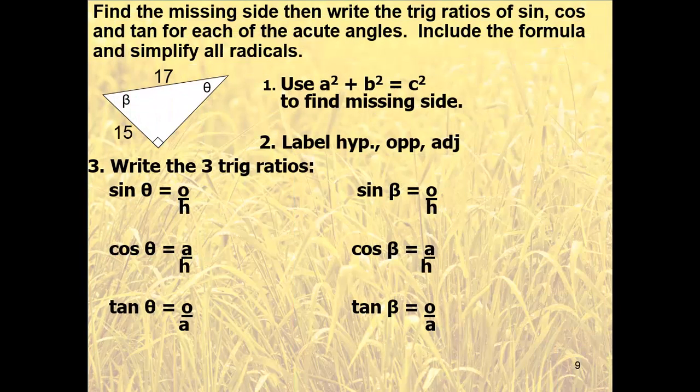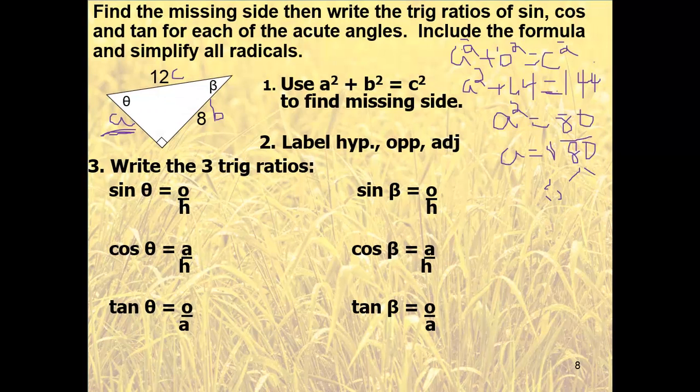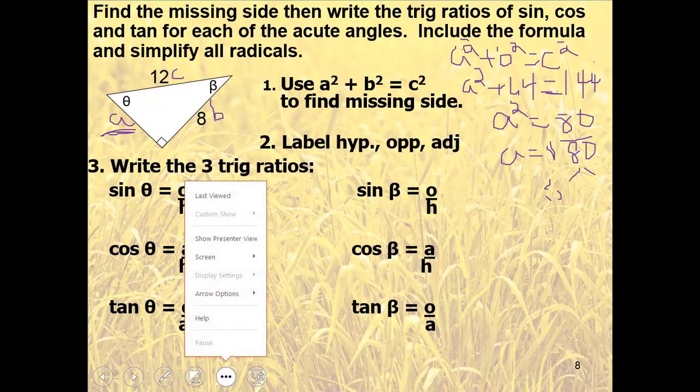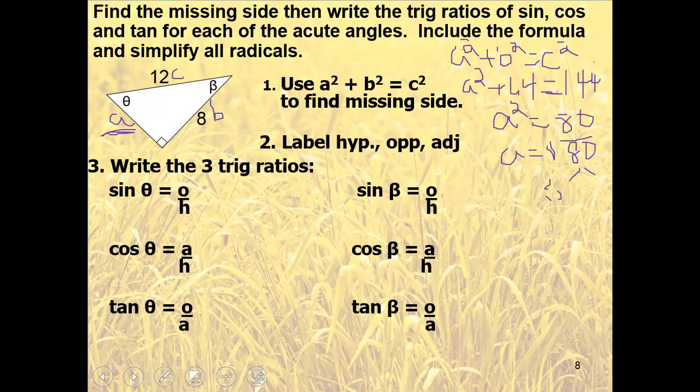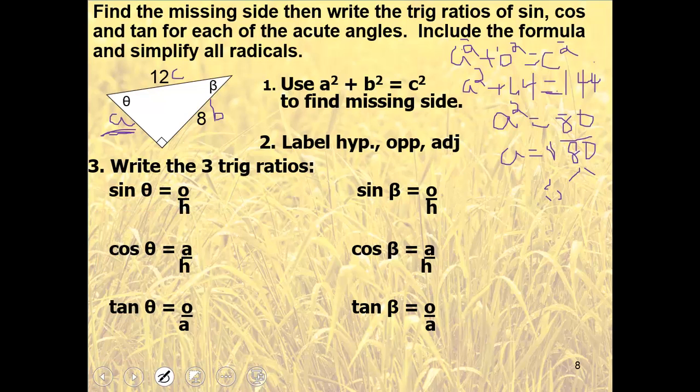Let's try this one. It'll be a little bit more difficult. Let's see if I still have the same problem here. Again, I'm looking for a leg. Okay, looks like I've got something happening here.